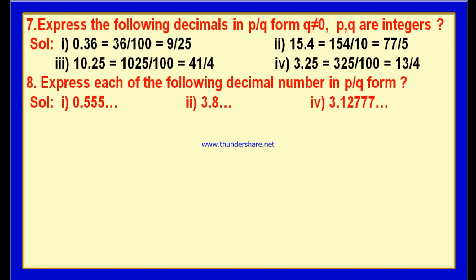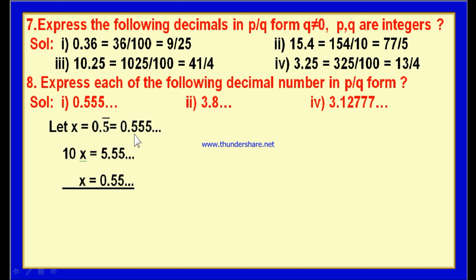Let us assume that x is equal to 0.555 and so on. 0.5 recurring means 0.555 and so on. Let it be x. As there is only one decimal value which is recurring, multiply this with 10. 10x is equal to 5.55 recurring; the point goes one place to the right.